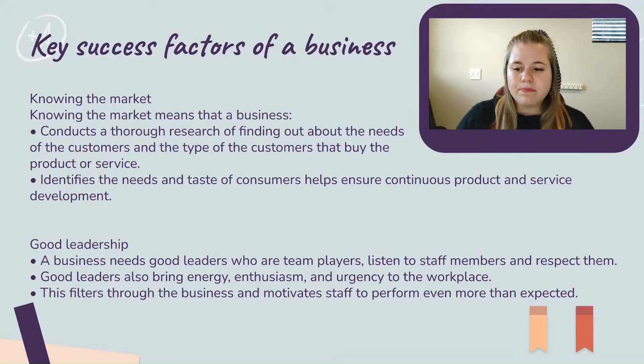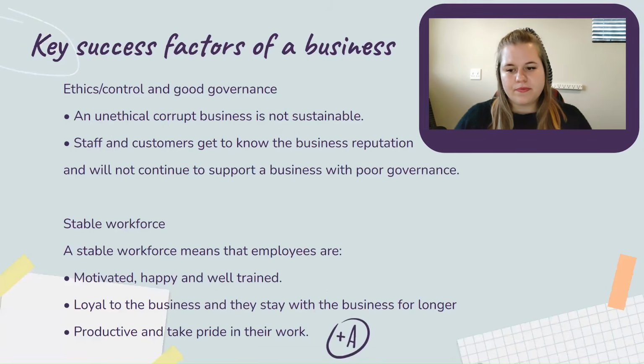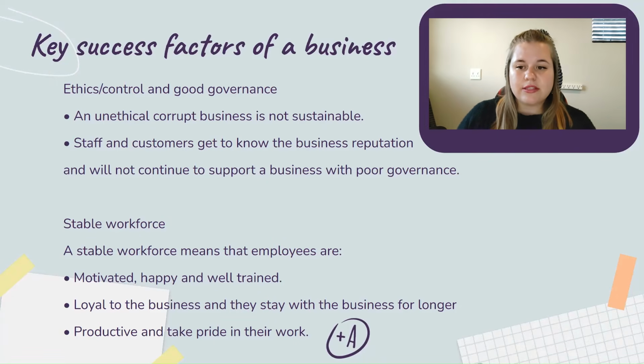Good leadership. A business needs good leaders who are team players. They listen to staff members and respect them. Good leaders also bring energy, enthusiasm, and urgency to the workplace. This filters through the business and motivates staff to perform even more than expected. Ethics, control, and good governance.